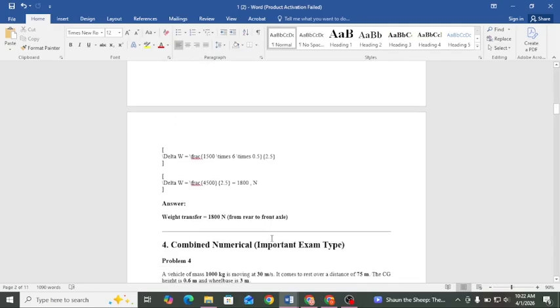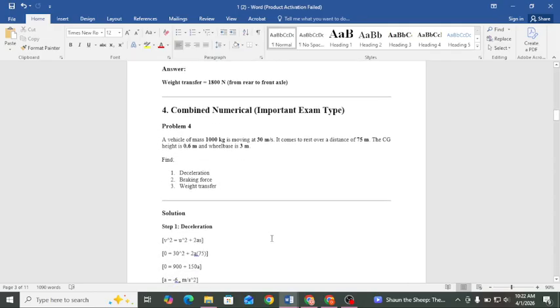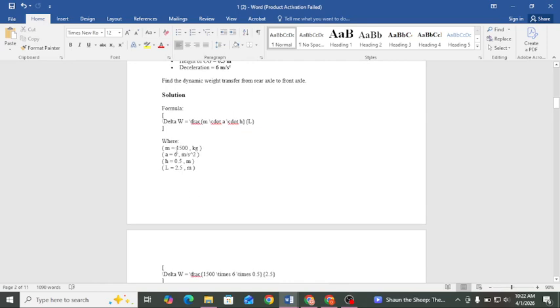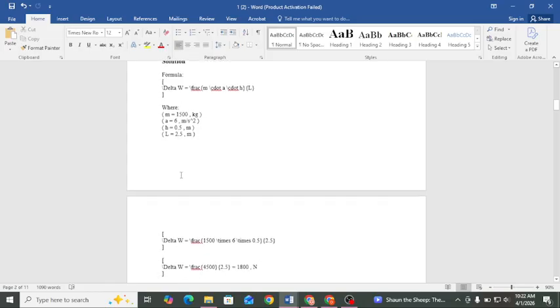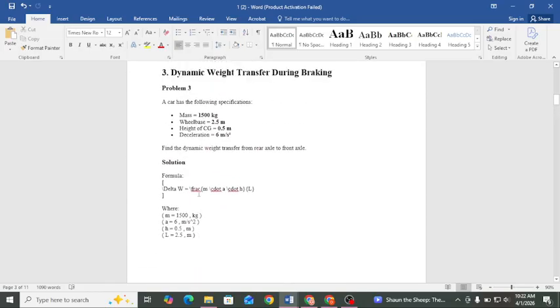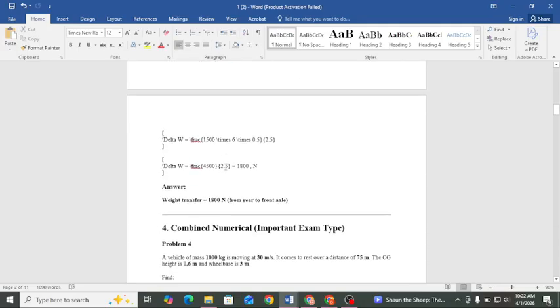So the total weight transfer when stopping this vehicle, the dynamic weight transfer, is 1800 newton.